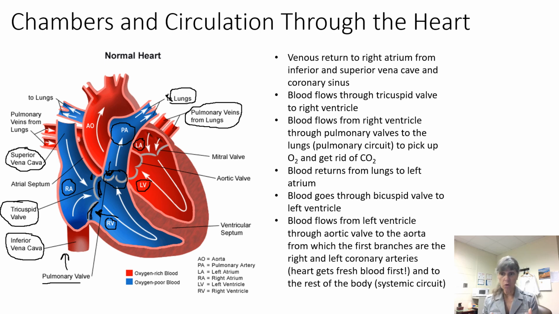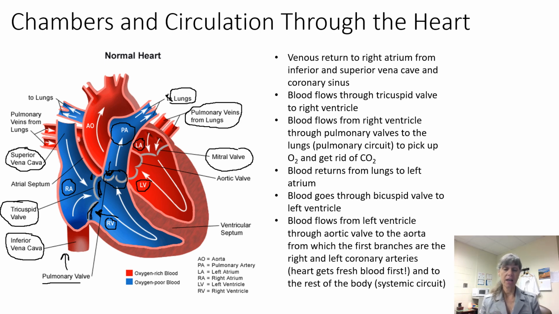And the same thing holds true with pressure building up in the left atrium. As blood flows into the left atrium, it is separated from the left ventricle by the mitral valve. And then once enough pressure builds up in the left atrium from blood returning to it, the pressure is going to open up the mitral valve, allowing 70% of the blood to flow passively from the left atrium to the left ventricle.